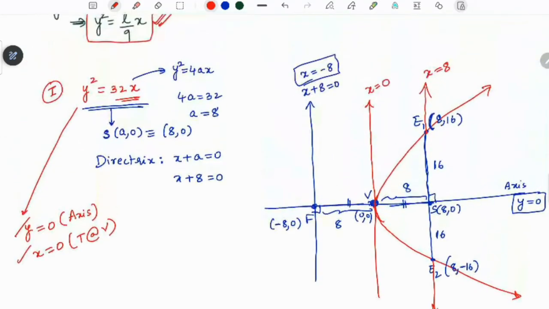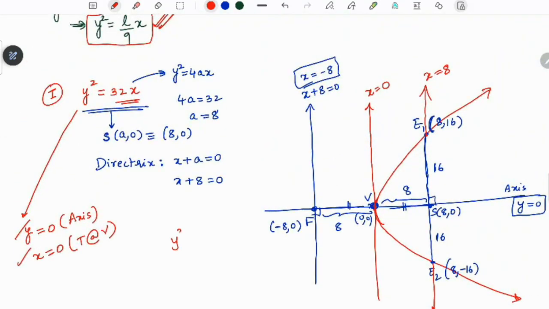Now you tell me one thing. Here in y square is equal to 32x, can x be negative, or should x be positive? x is y square by 32, right? y square cannot be negative, and 32 is a positive quantity.